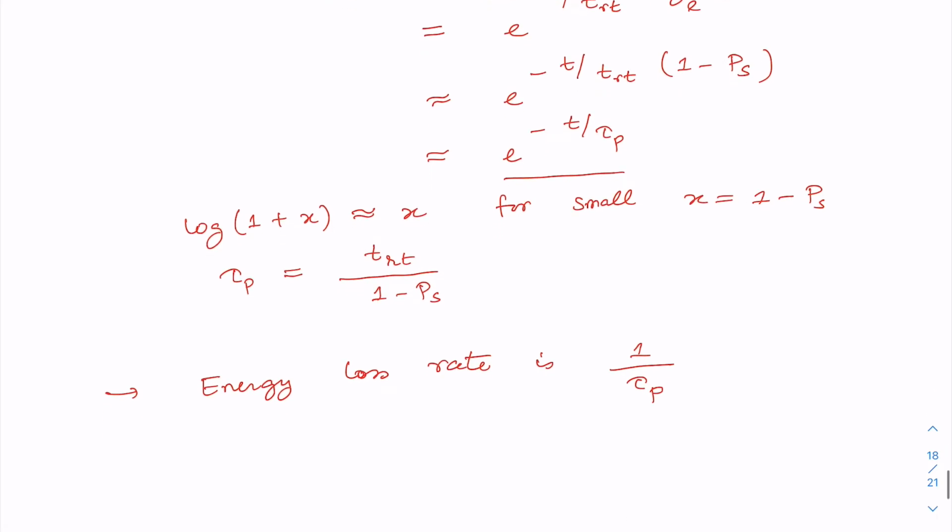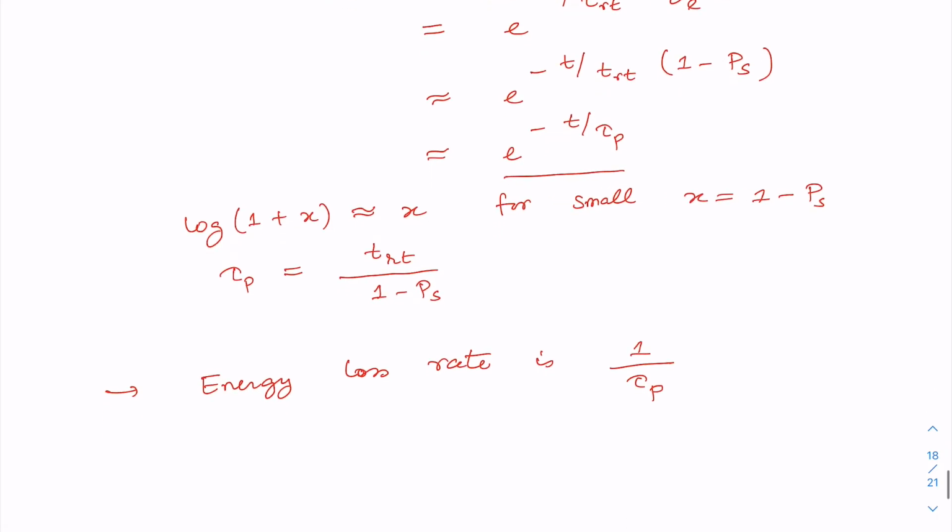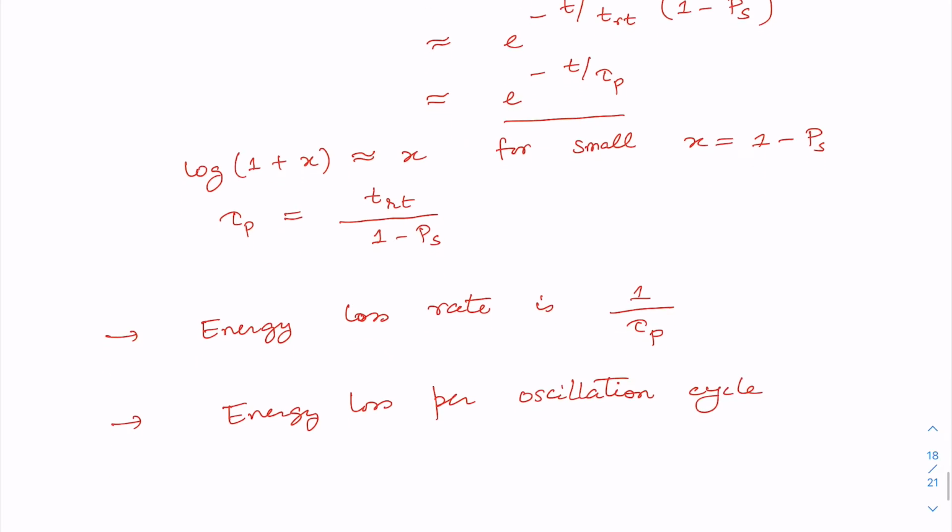In fact, the energy loss per oscillation cycle is just the optical period multiplied by this rate. So I can write that the energy loss per oscillation cycle is equal to the optical period multiplied by the energy loss rate.